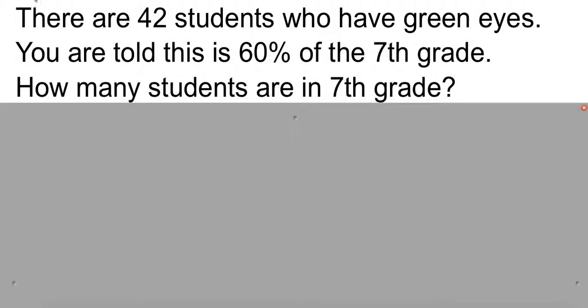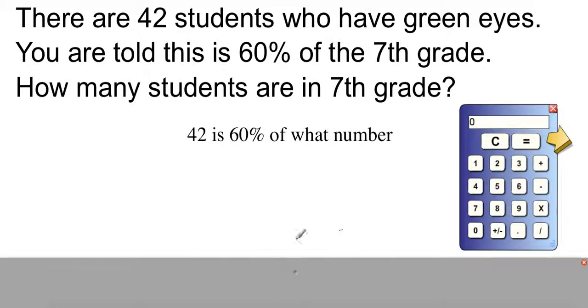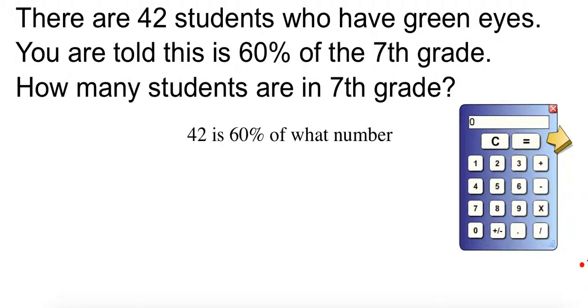Now, in our next example, you're going to notice pretty quickly that we can't use the decimal method. Here we have that there are 42 students who have green eyes. You are told that this is 60% of the 7th grade. How many students are in the 7th grade? In this example, you're going to notice right away that the decimal method does not work.